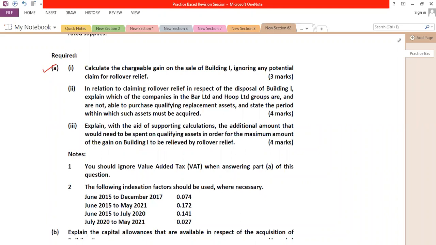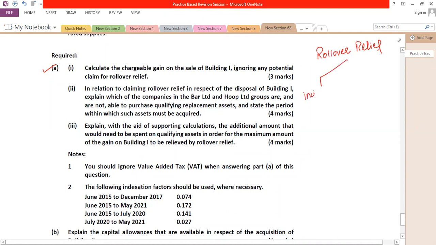You should remember that rollover relief is the only kind of relief which is common for individual as well as for corporation.